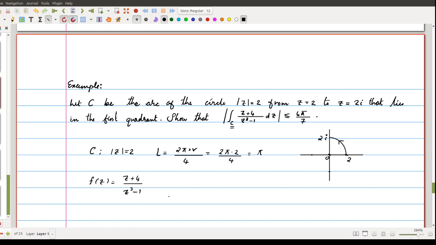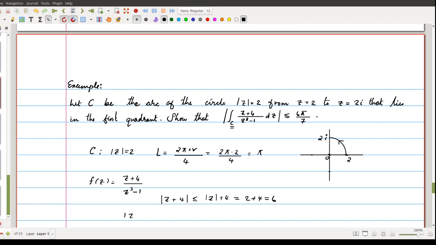The modulus of z plus 4 is always less than or equal to mod z plus 4. Actually, f is evaluated only on the contour, where mod z equal to 2, therefore this is always at most 2 plus 4, equal to 6. That means the modulus of the numerator is bounded by 6.